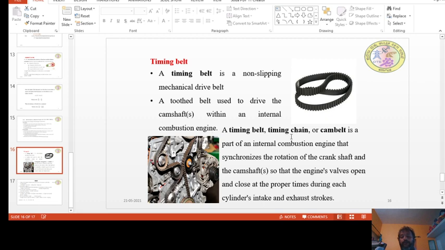A timing belt, also called a timing chain or cam belt, is a part of the internal combustion engine that synchronizes the rotation of the crankshaft and the cams so that the engine valves open and close at a proper time during each cylinder's intake and exhaust strokes. Since the presence of these teeth ensures that there is no slip, it is as good as gear drives, and it is used for very special purposes. Such a belt is called a timing belt.